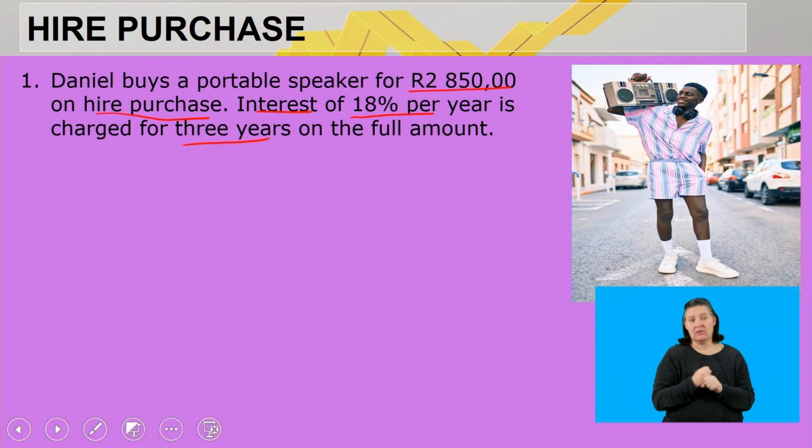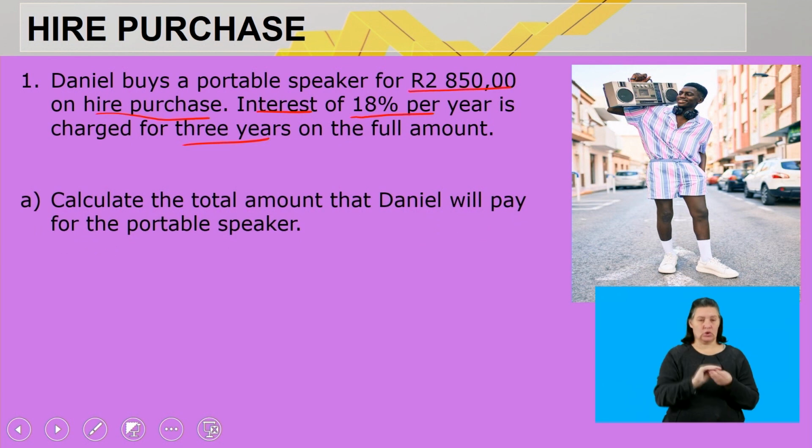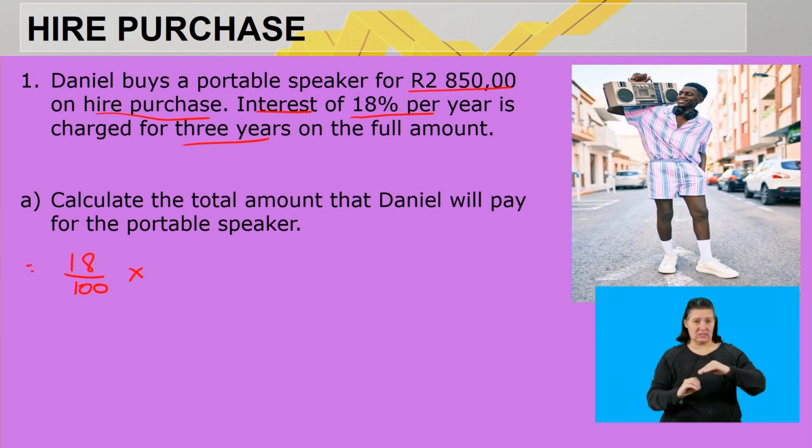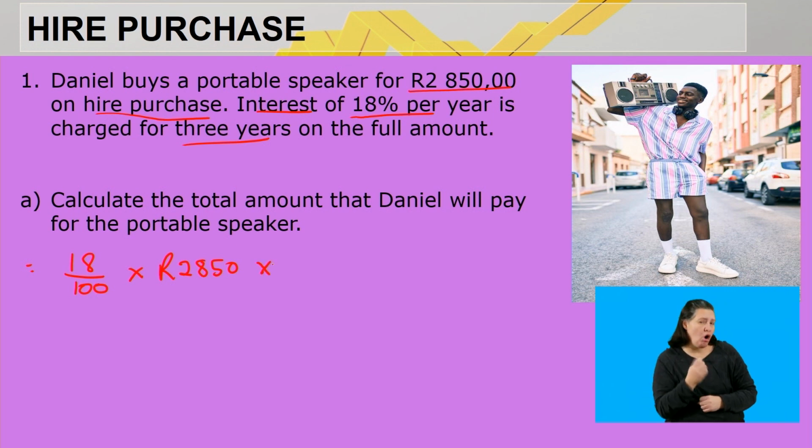Question 1A says, calculate the total amount that Daniel will pay for the portable speaker. Let's quickly do this one. Remember it's 18%, so I'll write it as 18 over 100 percent of the price of 2,850 Rand, for a period of 3 years.